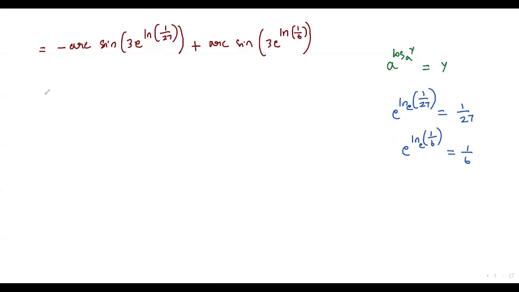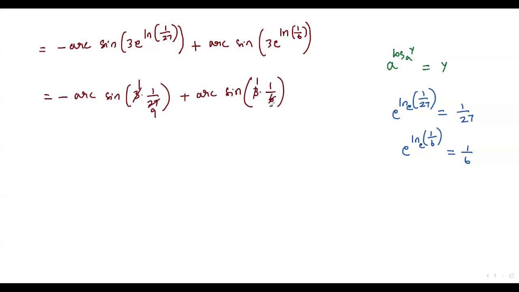So negative arc sine 3 times the result of this is just 1 over 27, positive arc sine 3 times the result of this is just 1 over 6. So 3 goes into 3 1 time, 3 goes into 27 9 times, and 3 goes into 3 1 time, 3 goes into 6 2 times.